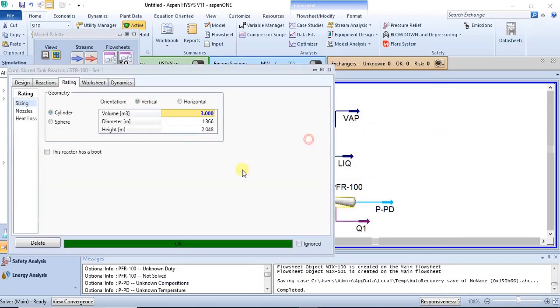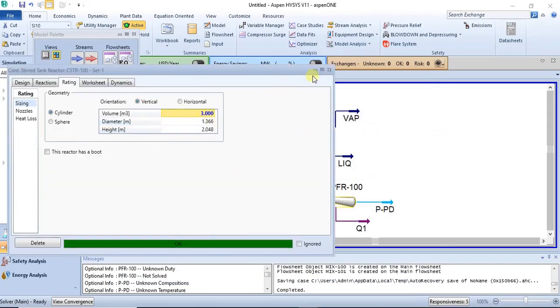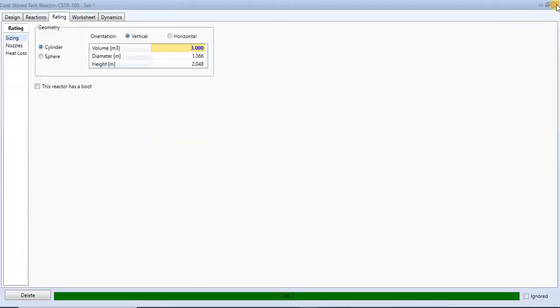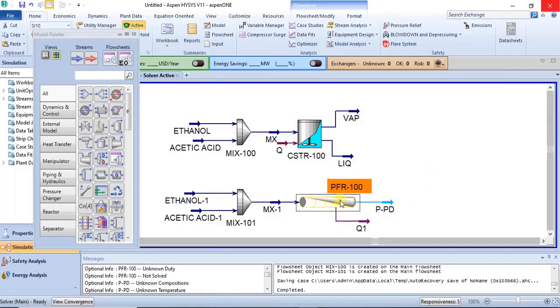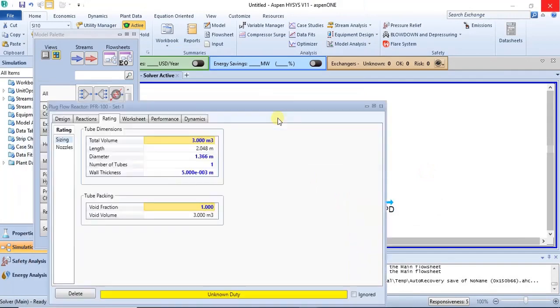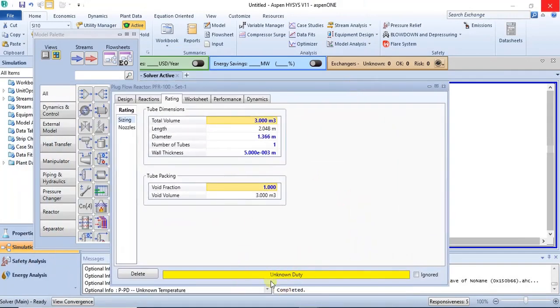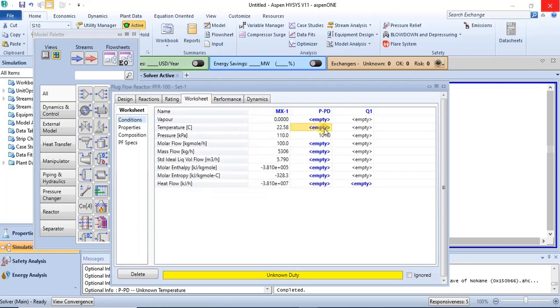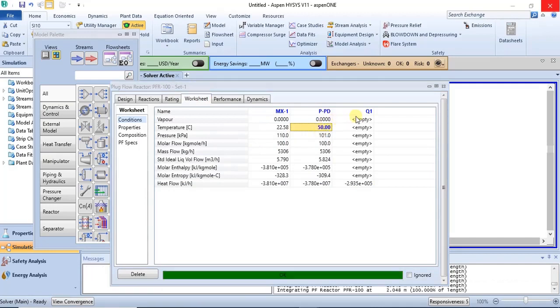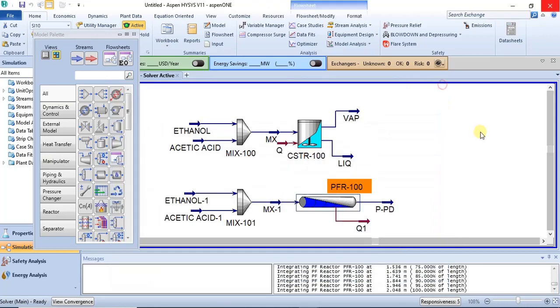Let me confirm. Yes, the diameter is 1.366. The last thing is to specify the temperature, which solves the duty. The temperature is 50 degrees.